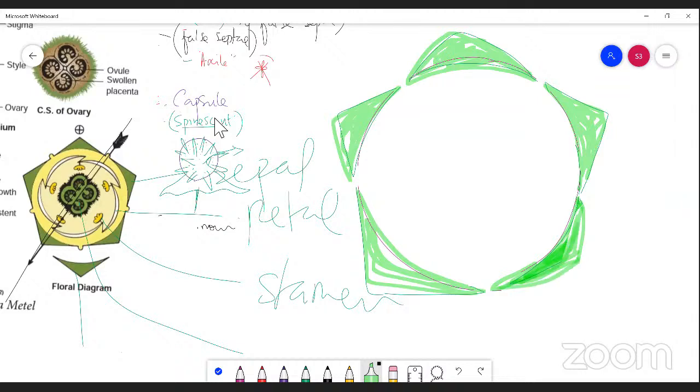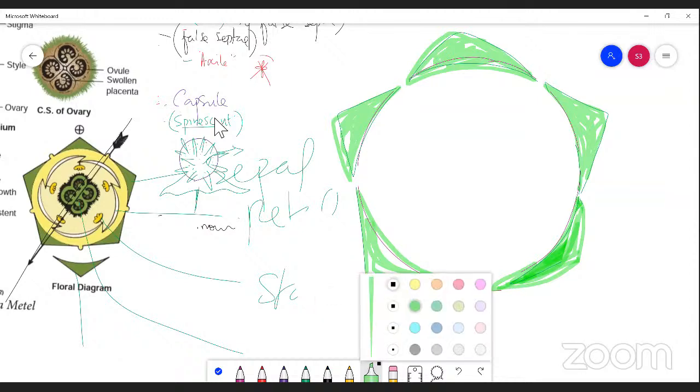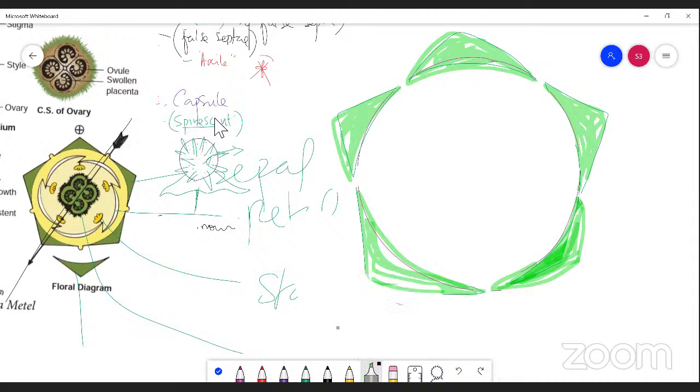Then draw the bract. Actually, this is the bract that you find.